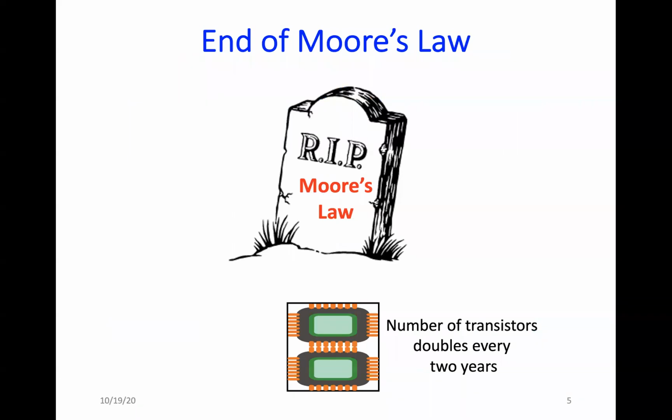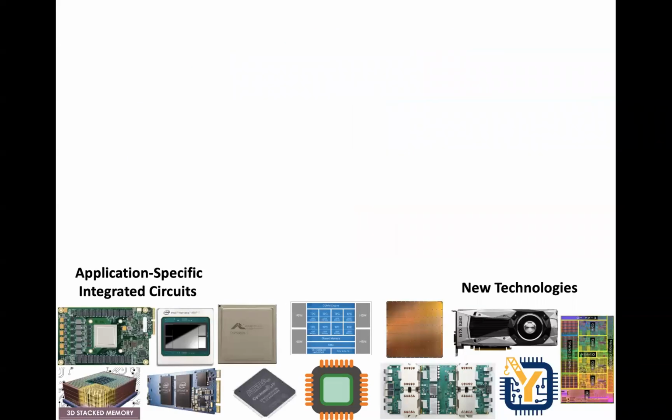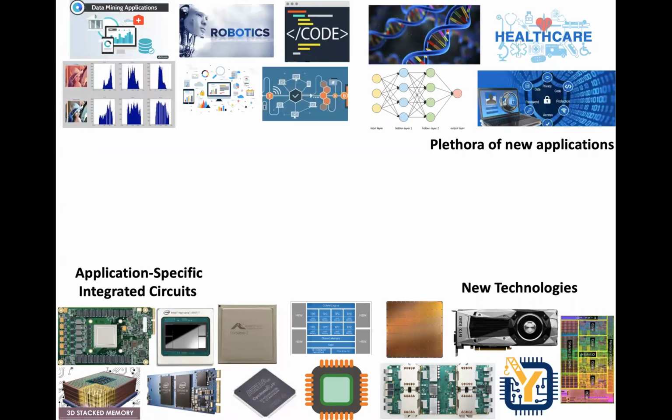As a result, we have been seeing a lot of application-specific integrated circuits, a lot of new technologies, and a lot of new different chip architectures. And of course, we're in an era with a plethora of new applications in robotics, healthcare, cryptocurrency, and AI. Unfortunately, all these applications eventually have to run on these continuously changing architectures.